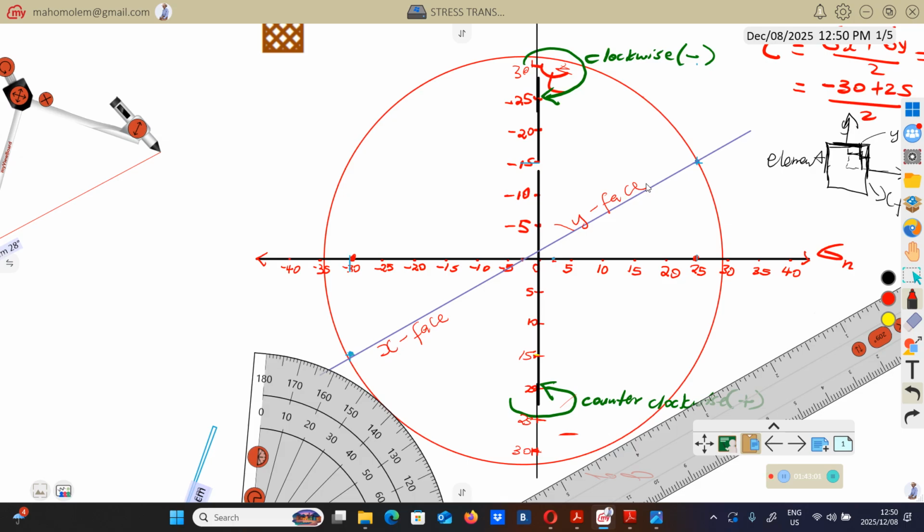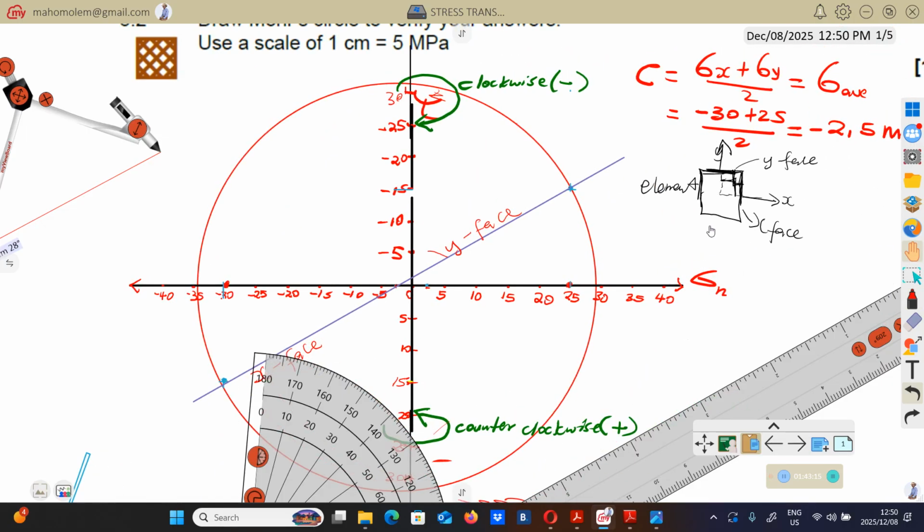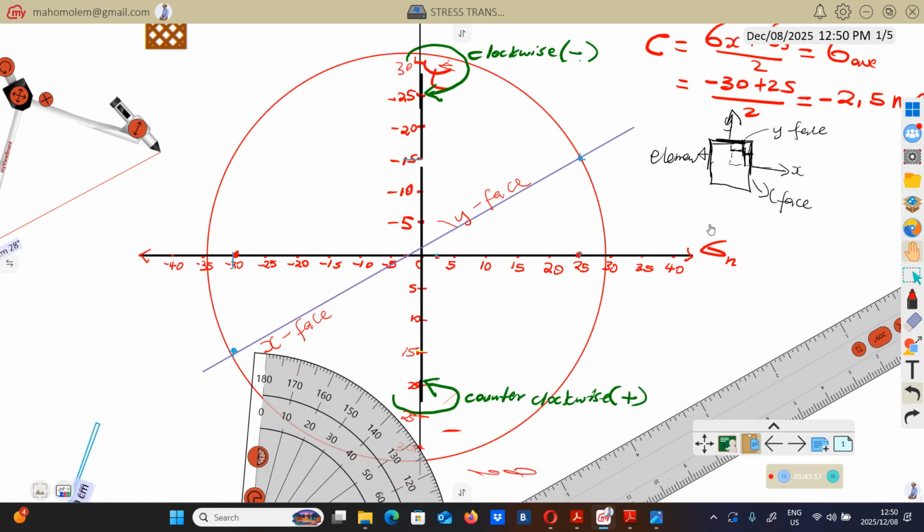Now, when you check these faces on the Mohr's circle, they are separated by an angle of 180. Then on the element, they are separated by an angle of 90. Because of that, from the element to the Mohr's circle, the angles will multiply by 2.